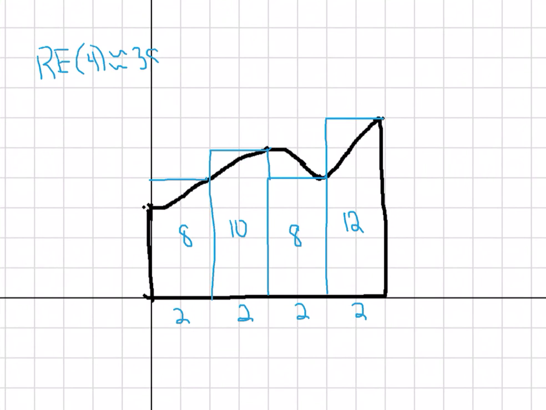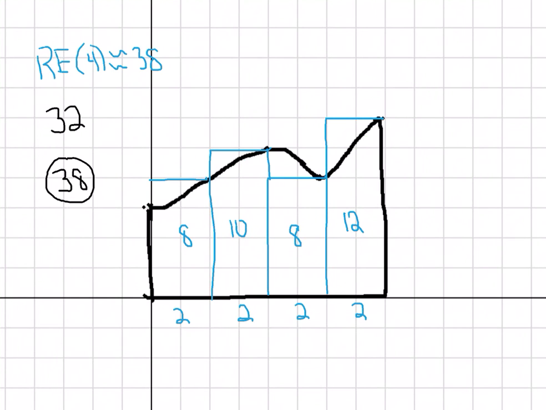So previously, from the left ends of 2 and 4, I both got 32. And from the right end, I believe I got 40 something. This time, I can't remember what it was. This time I have 38. So this is a better approximation.